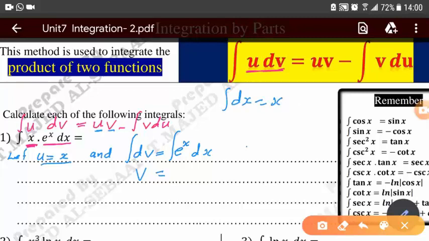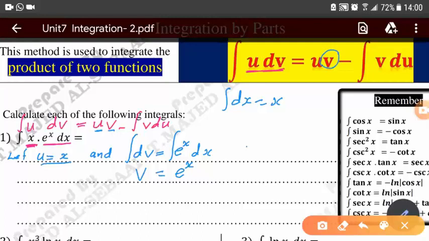What is the integration of dv? It is v. Equal the integration of e^x. The integration of e^x is e^x itself. Don't put plus C, we don't need it for now. It's only v.